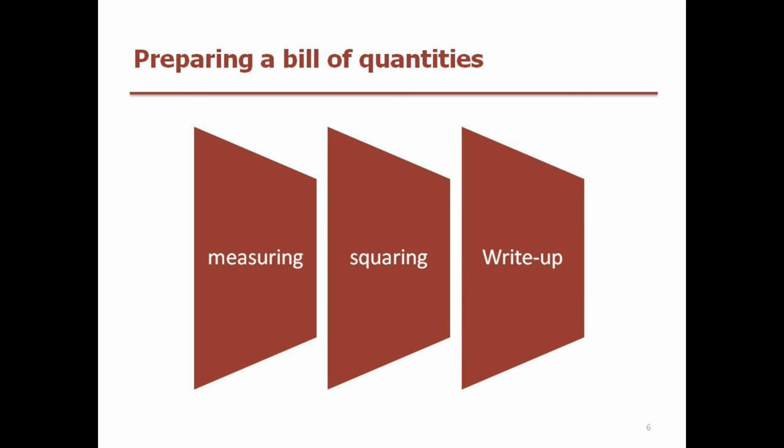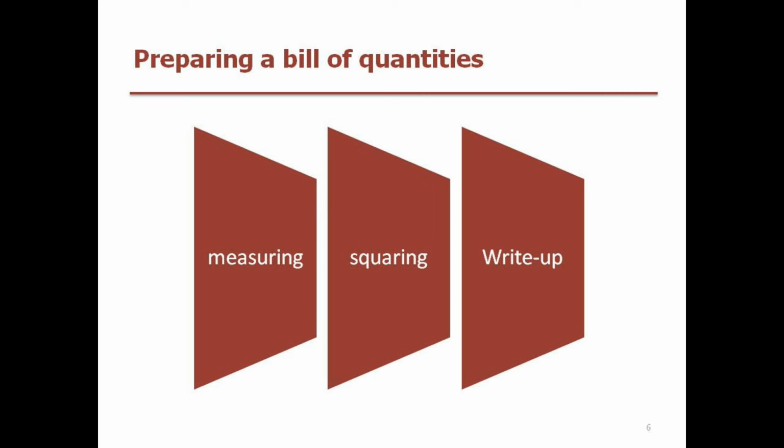In preparing the bill of quantities, it's easy when you break it up into three main areas, and I've identified them here as measuring, which is where you have all the documents, the specification, the drawings, any other schedules and other specified architectural or engineering documents with you. So measuring, putting that all together.